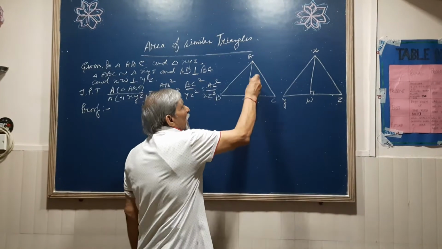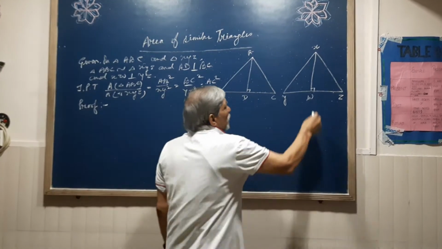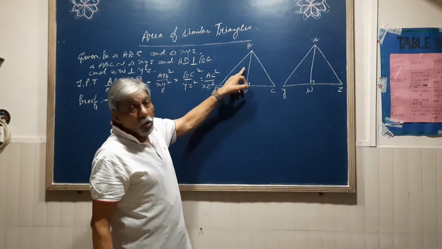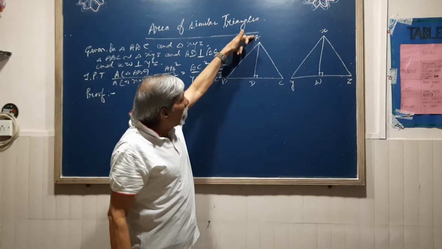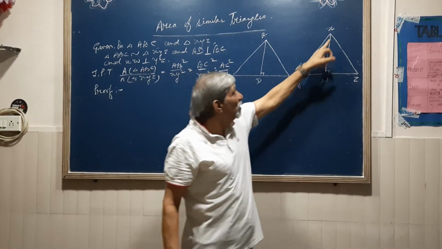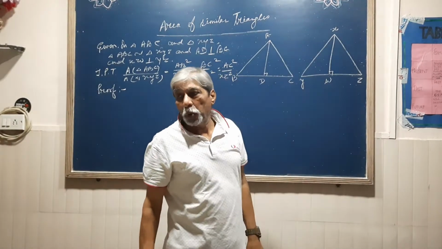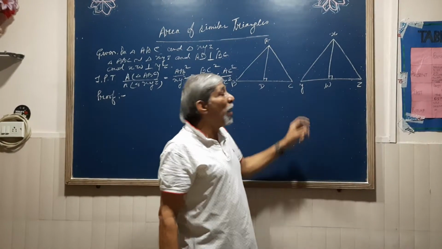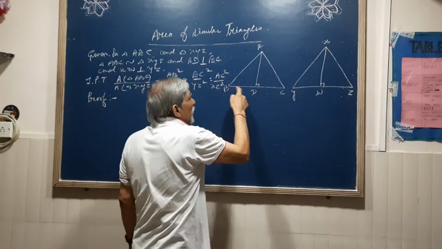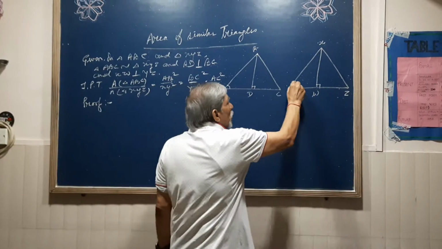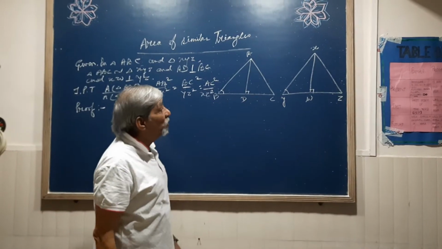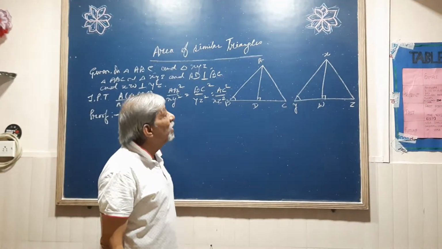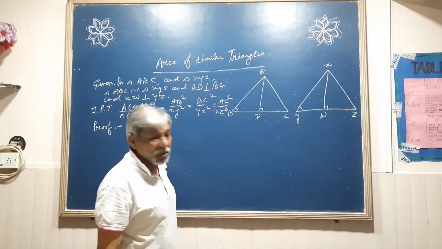Then we will prove triangle ADB is similar to triangle XWY, in order to prove the perpendicular lines AD and XW are proportional. So in triangle ADB and triangle XWY, angle ABD is equal to angle XYW, that is given, corresponding angles of the similar triangles.